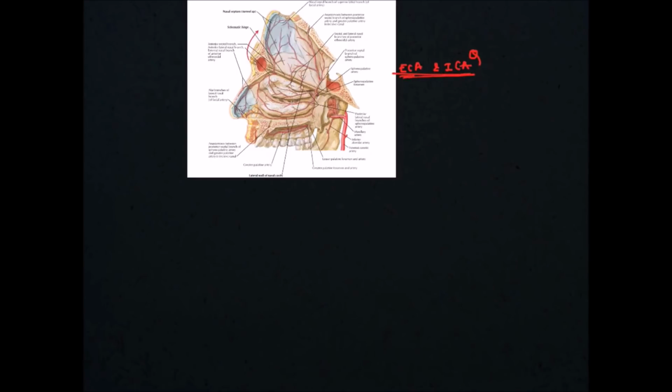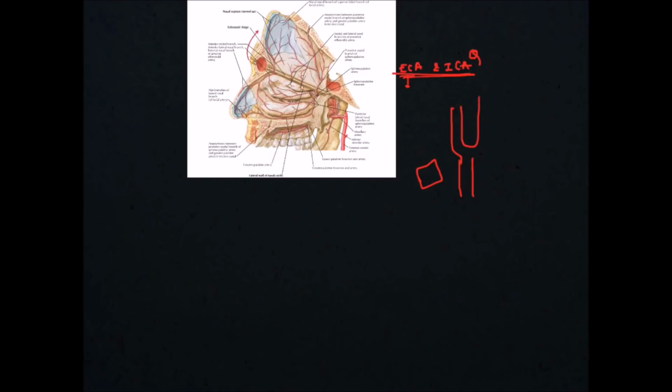Now, next question: which branches of the external carotid artery are involved? If this is the common carotid artery, at the level of the upper lamella of the thyroid cartilage it will divide into two portions, the external carotid artery and the internal carotid artery.